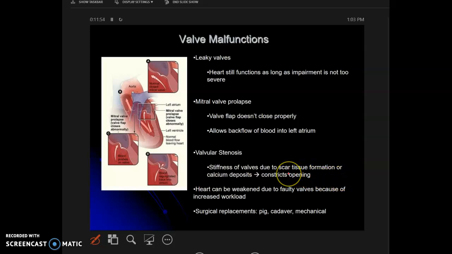This is because of scar tissue, which constricts the opening, very common with people with cholesterol deposits. This will lead to the heart not functioning to its full extent. And therefore, a surgical replacement is necessary, which can be from a pig or cadaver or mechanical. So you have heard of a stent being placed. Well, that's what it is. All right.